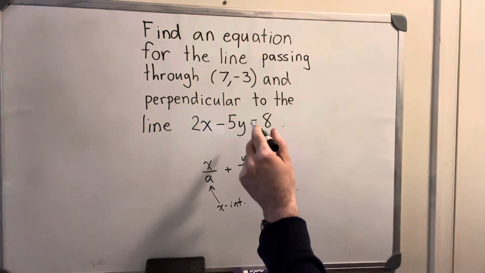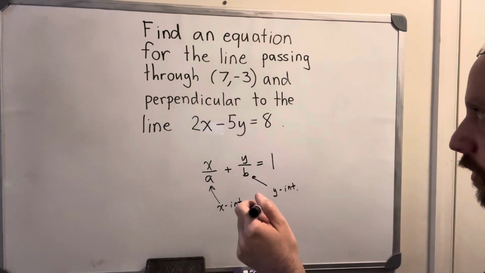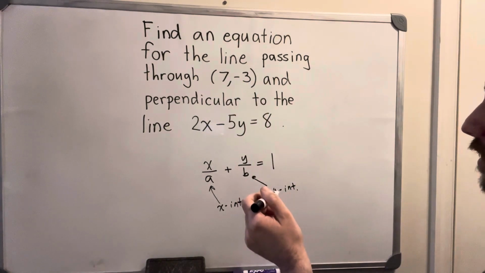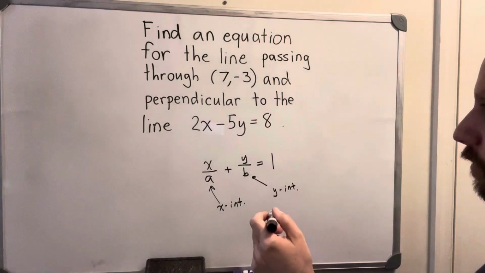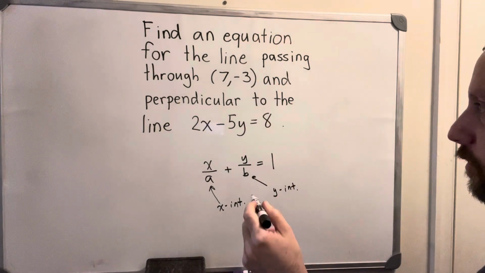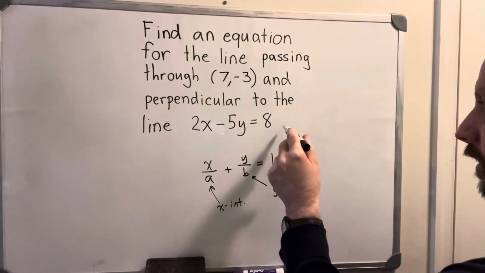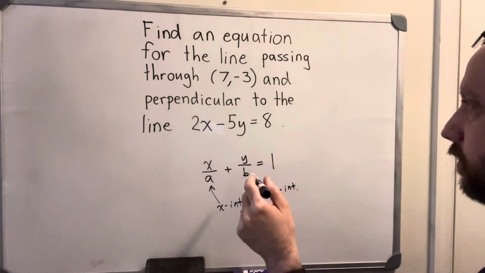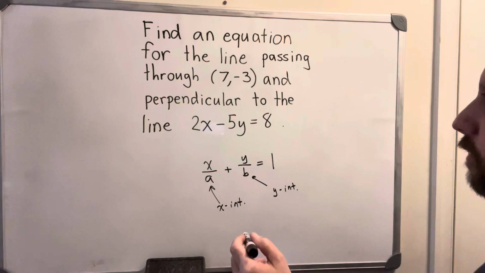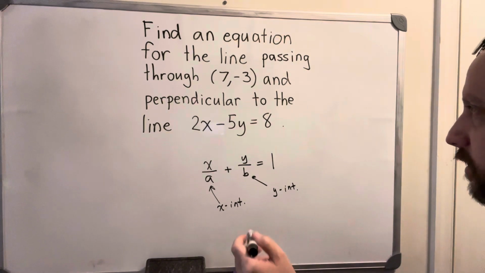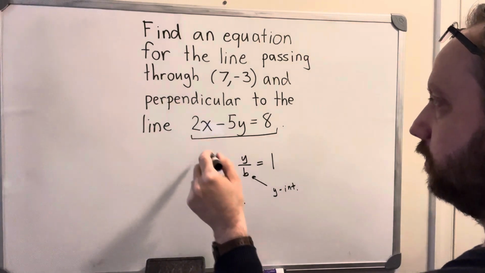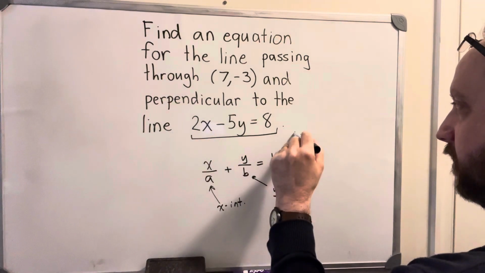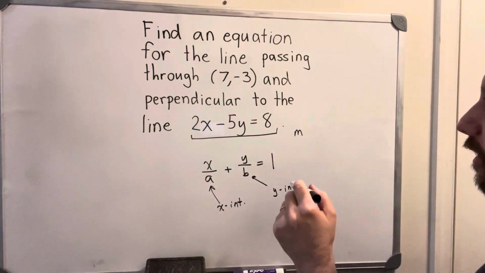So in this problem, they haven't told you exactly what the slope of the desired line is, but they told you that it is perpendicular to a line with this equation. And so in your strategy, you've got to figure out from this what this line's slope is.